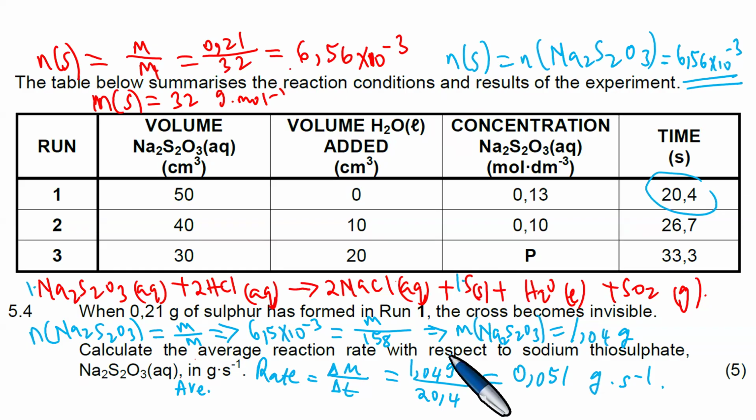So you can use the 0 because ultimately it's going to be used up. If it's consumed completely, we're going to have 0 mass in the end, because there's going to be no sodium thiosulfate in the end, since the HCl is in excess. So we can do it that way, and then it's ultimately going to be 0 minus this.